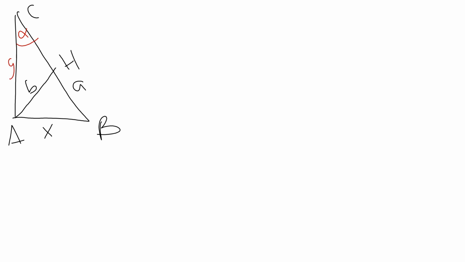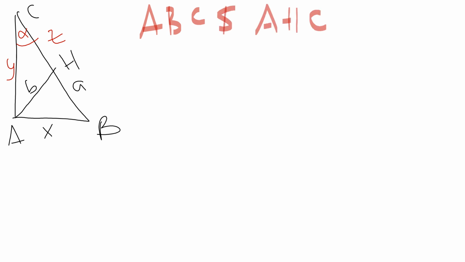This is Y, and then this was Z. Voila. So that's what we have. We are going to check the similarity of ABC and AHC. Now we are going to begin with alpha.